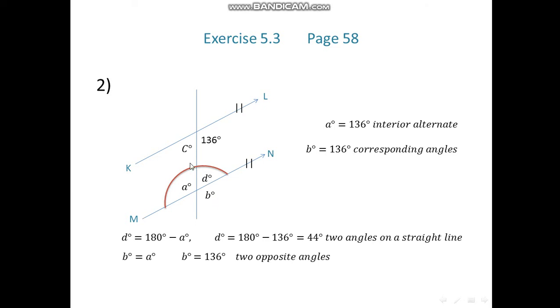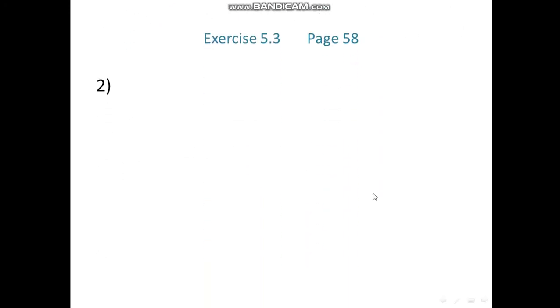What's left? We are left with C. How much is C? There are two angles on a straight line KL. So 180 minus 136 gives me 44, two angles on a straight line. So if I put all the angles together, we shall see that this one, 44 and 44, how did we find these two?